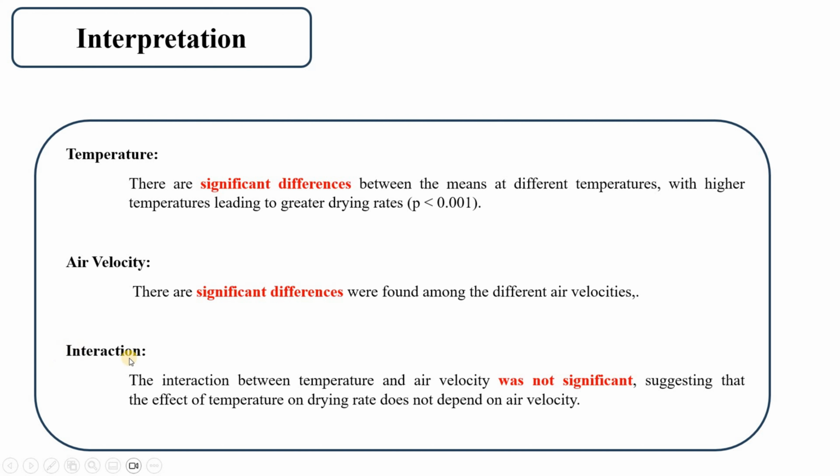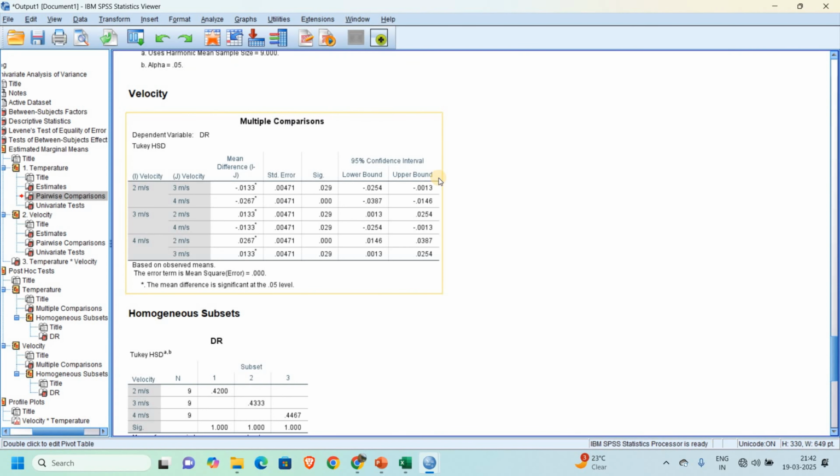And in terms of interaction, we have seen that there was no significant effect due to interaction effect, and that suggests that the effect of temperature on drying rate does not depend on air velocity. So this was all about performing two-way ANOVA analysis using SPSS software. Thank you so much.